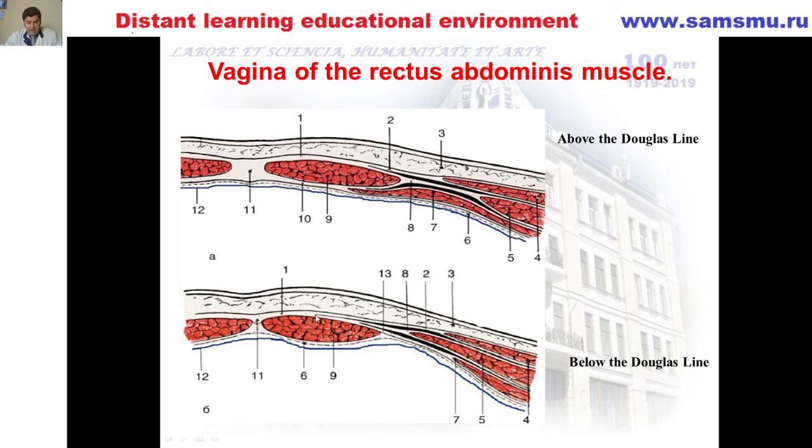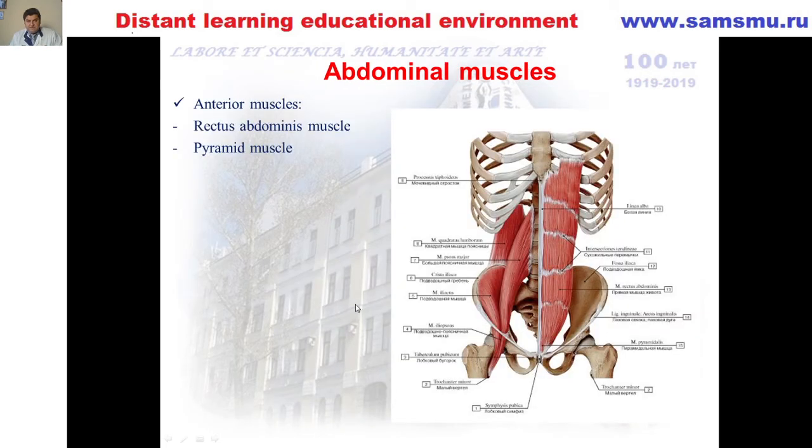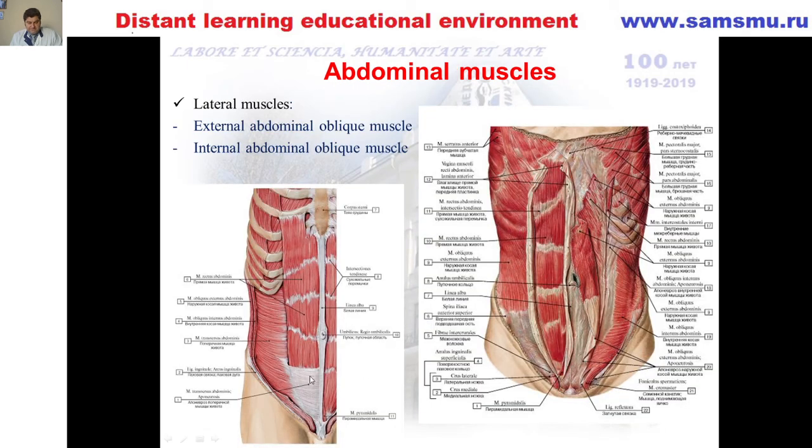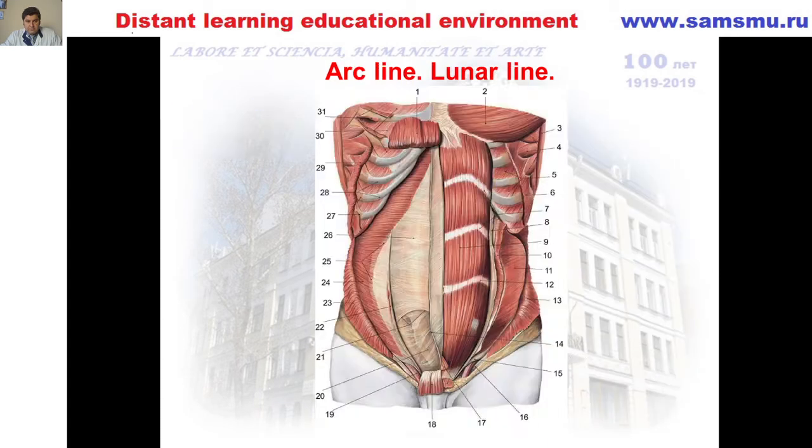The aponeuroses of the 3 abdominal muscles pass in front of the rectus muscle, as you may see on this picture, and form the anterior wall of its sheath, while the posterior wall, you may see here, is replaced by fascia transversalis that lines the inner surface of the abdominal wall.